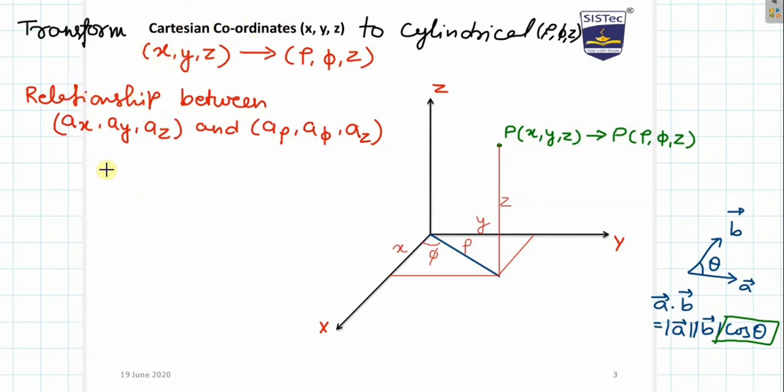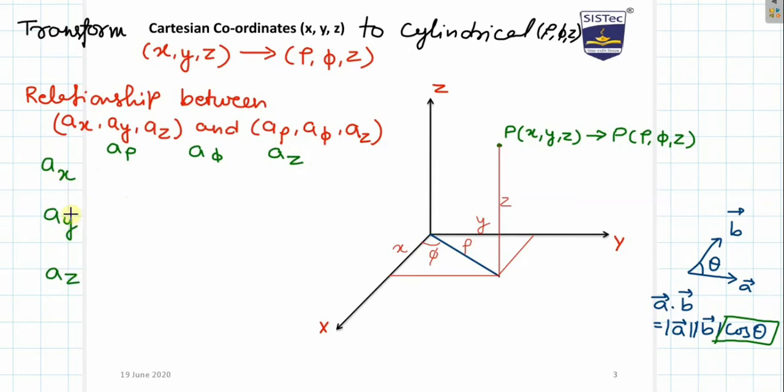So let us suppose we have one matrix. Here it is ax, ay, and az, and here it is a rho, a phi, and az.